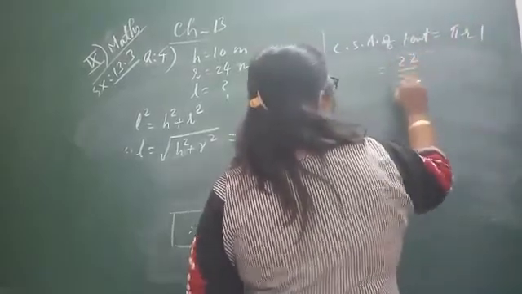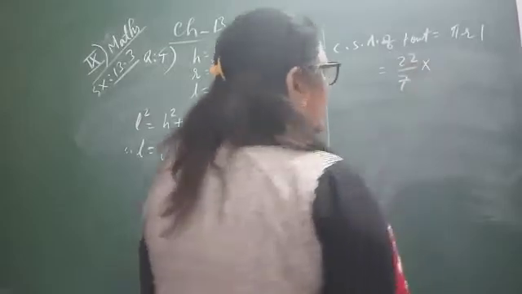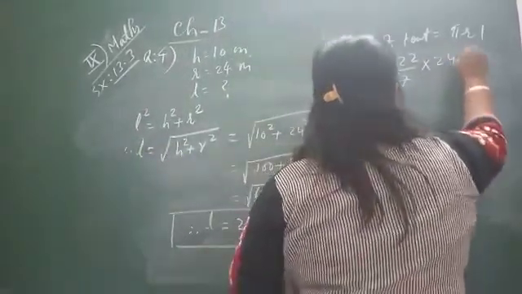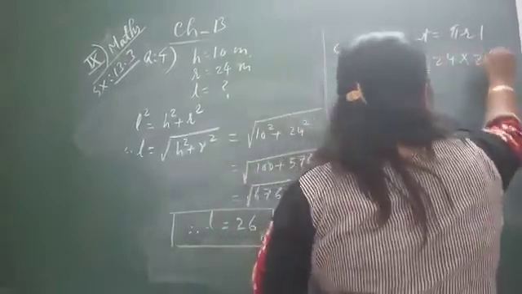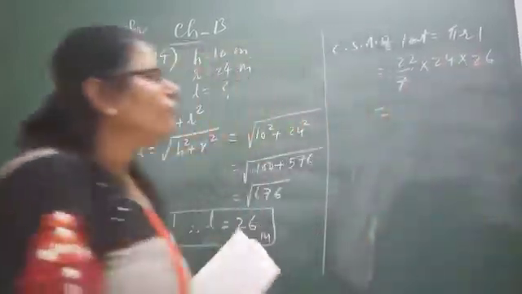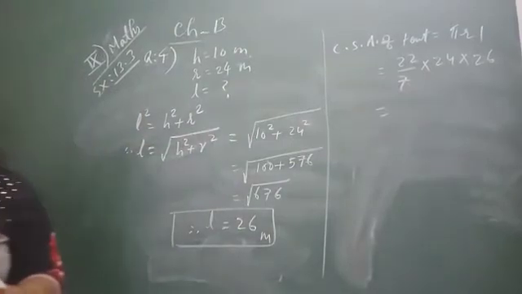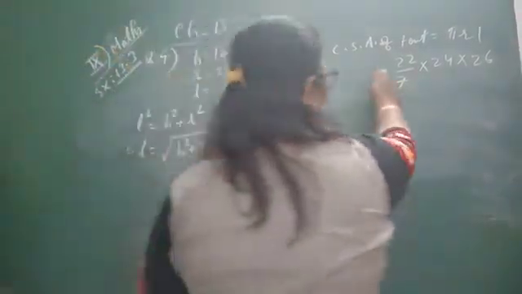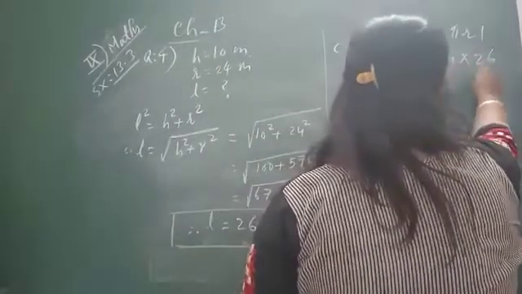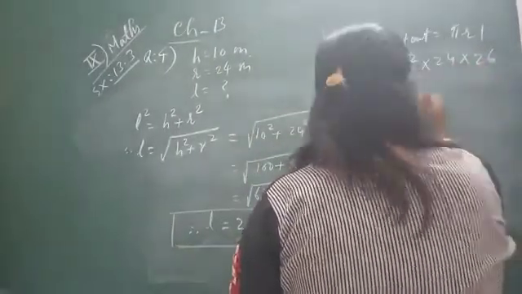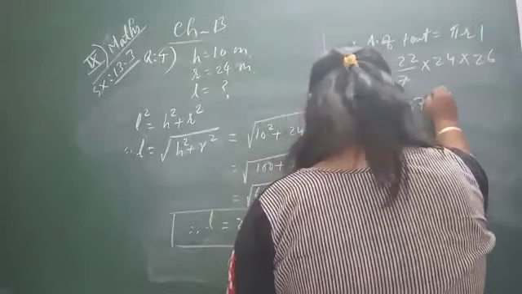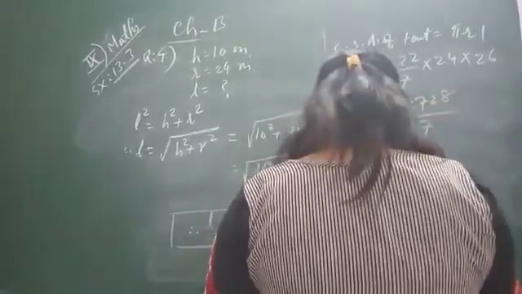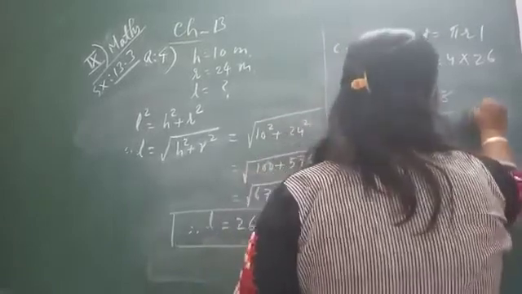Put the values: pi is 22 upon 7, R is 24 and L we got 26. Whenever you multiply all these values, then you will get the answer. We multiply 22 by 24, then the answer multiplied by 26. So 13728 divided by 7, and that will be meter square.